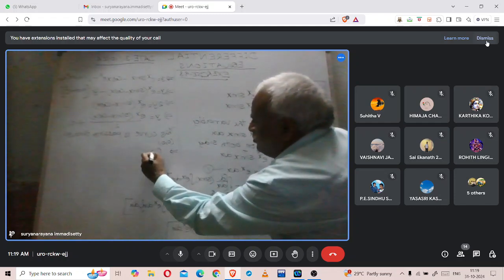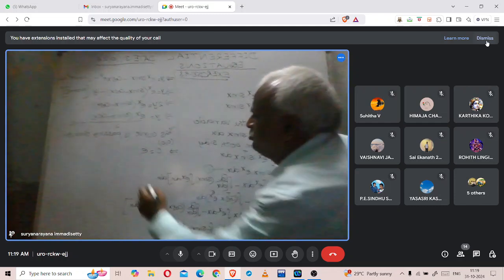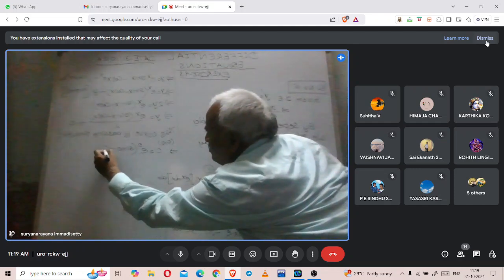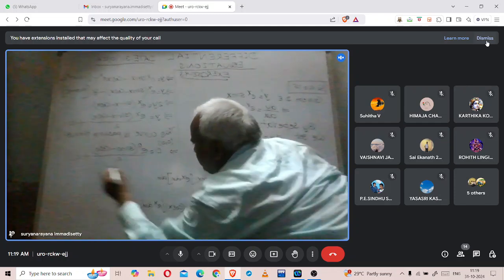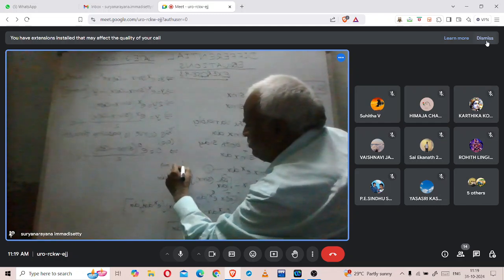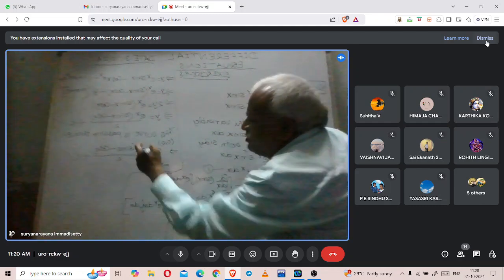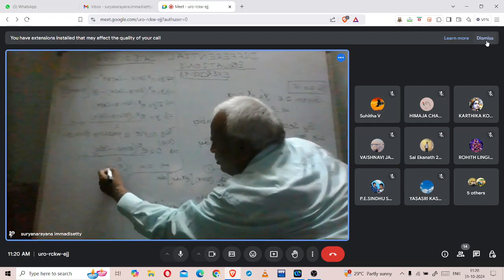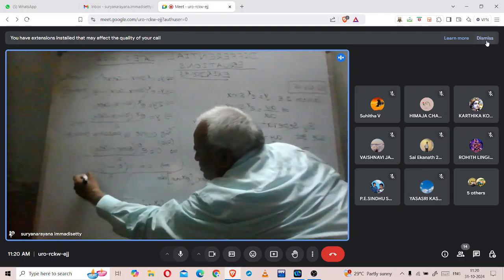0 is equal to e power 0 into sin 0 minus cos 0, whole divided by 2, plus c. Okay, this implies, what will we get? 0 is equal to e power 0 is 1, 1 into sin 0 is 0, minus cos 0 is 1, by 2 plus c.